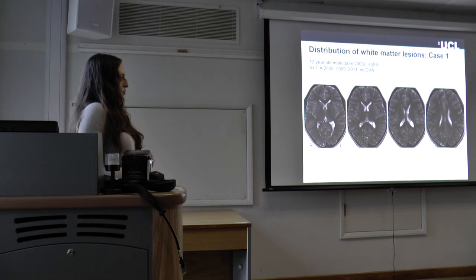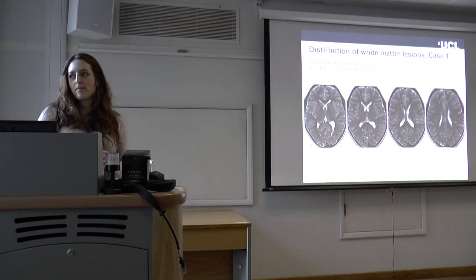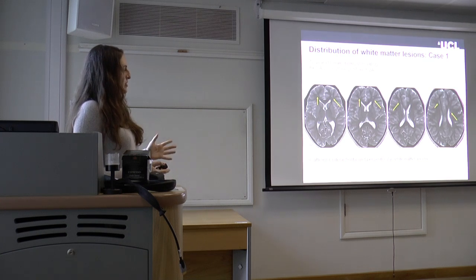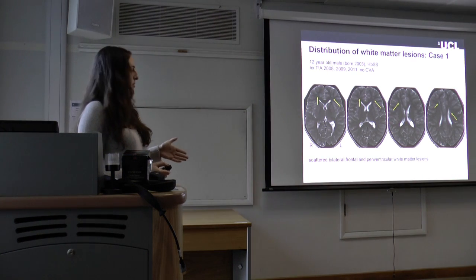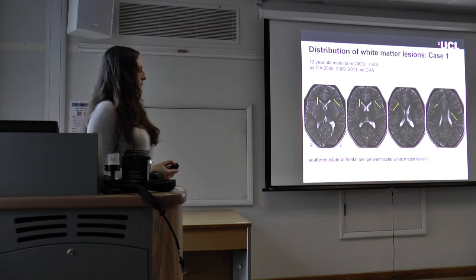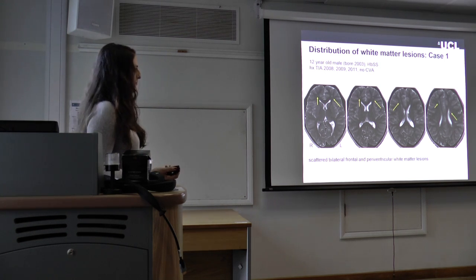So if we're looking at this, and if you see anything abnormal, maybe about there, you'd be right. So the radiologist would say scattered bilateral frontal and periventricular white matter lesions, and that's where it would end, generally, with the radiologist's report.